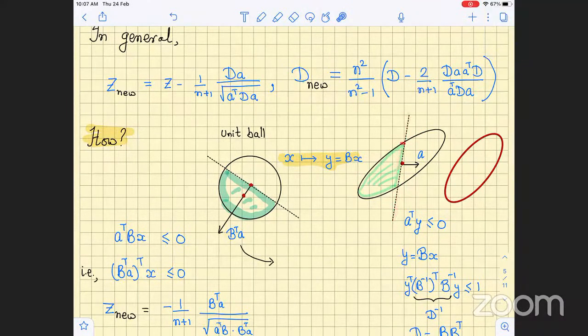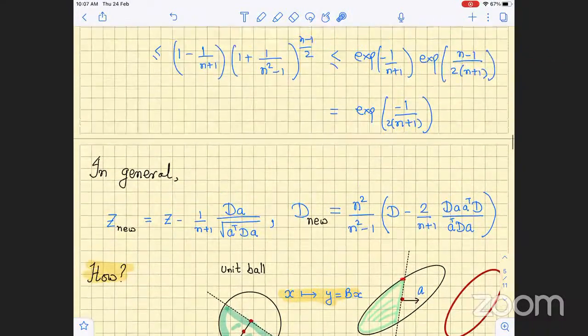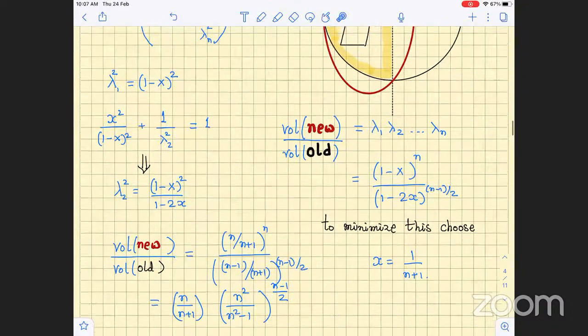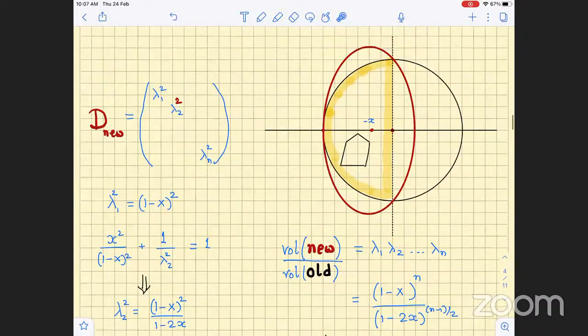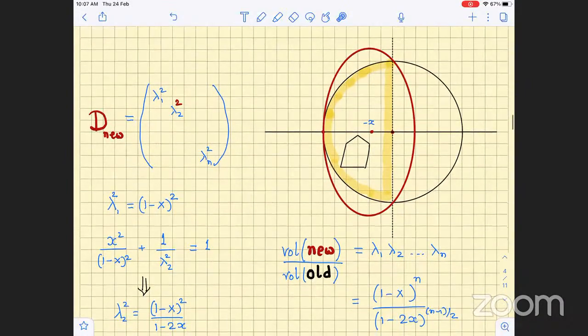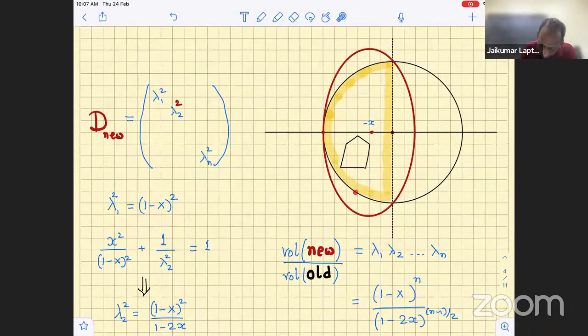Sorry, one more question. You just ensured the extremal points lie within the ellipsoid, but how do you ensure that anything on this side of the hyperplane lies within this ellipsoid? Well, actually, we have not talked about these extremal points, which is your question. So you write down the equation.